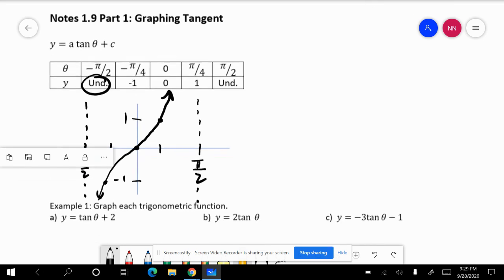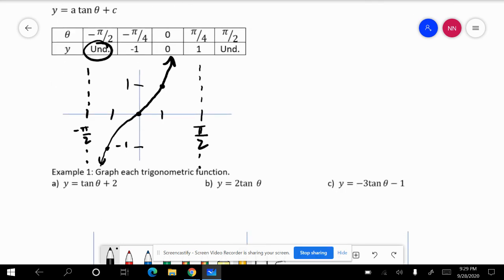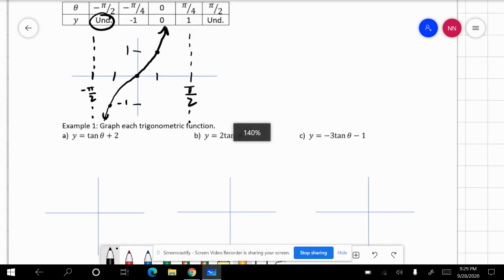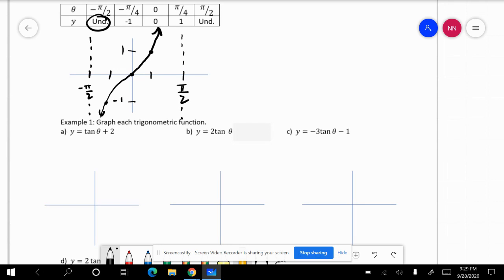So what we're going to do is we're going to take that parent function, and we're going to use that for each of our tangent values. So when we're doing this, what we have is y equals tangent of theta plus 2. We're going to have our table, theta and y. We're starting it at negative pi halves, negative pi over 4, 0, pi over 4, and pi halves.